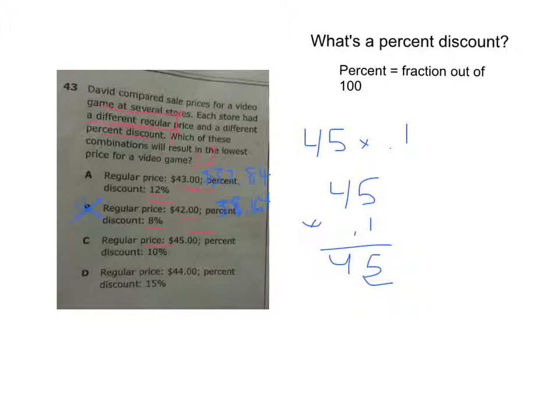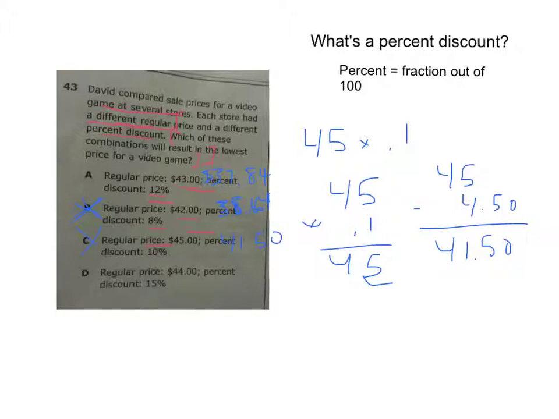So 10% of $45 is $4.50. $45 minus $4.50 gives us $41.50. So that one is definitely not the cheapest option.